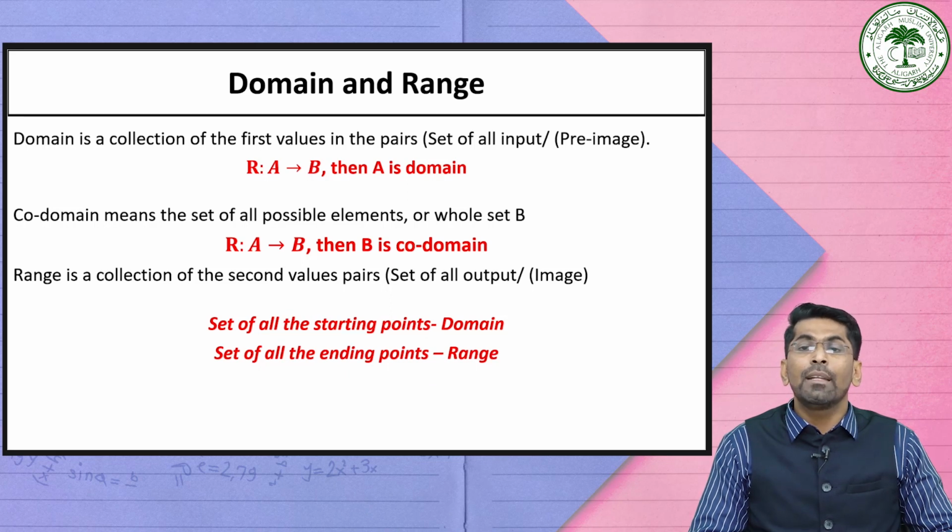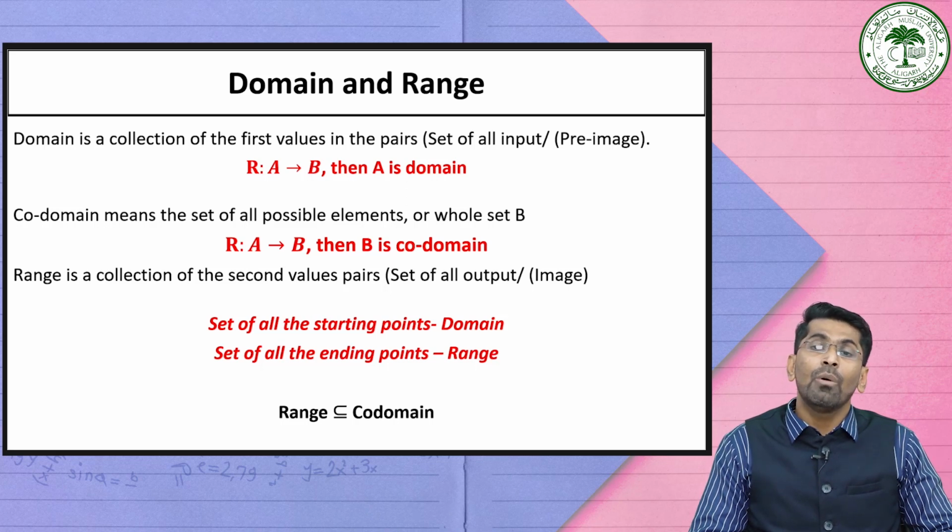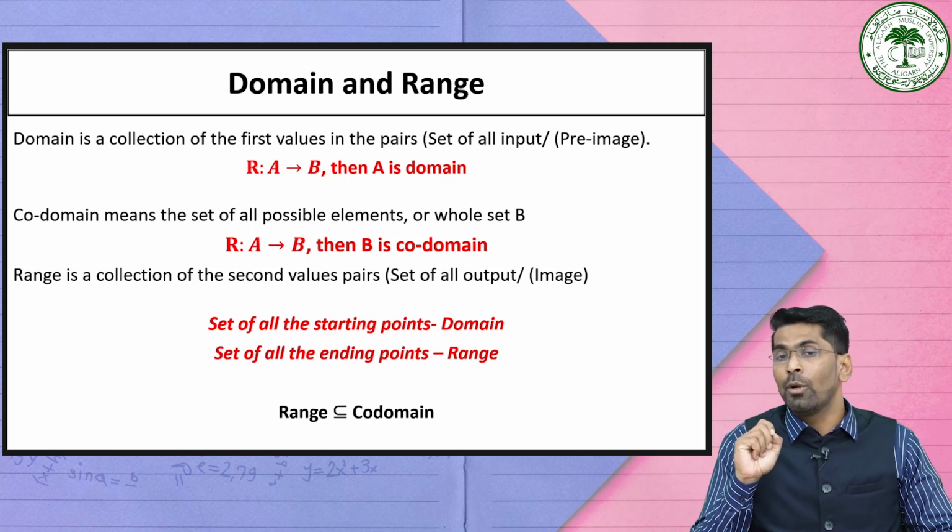Here you might be a little confused between codomain and range, since they look more or less the same. The codomain is the set of all possible values in the set B, but it is not necessary that every element in the codomain is actually paired with an element of the domain. A range may be a subset of the codomain, including only the elements the function hits, that is, those mapped from the domain.